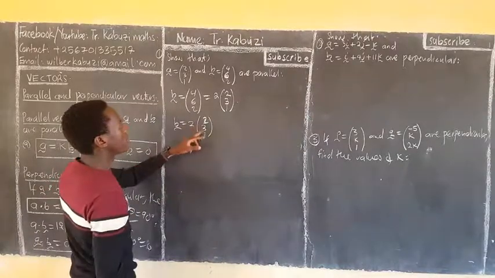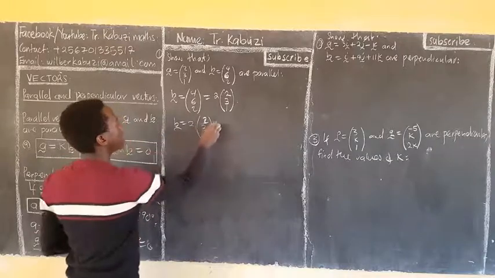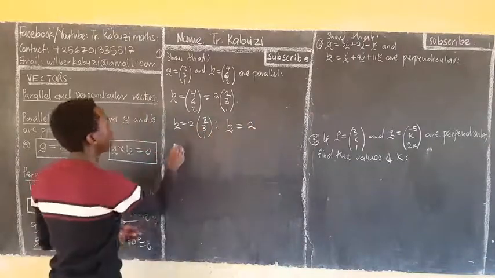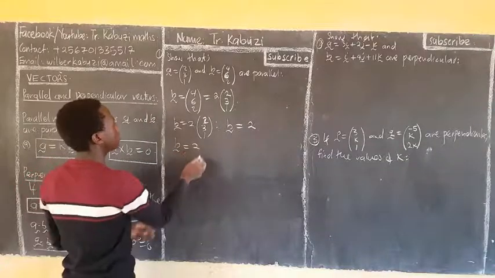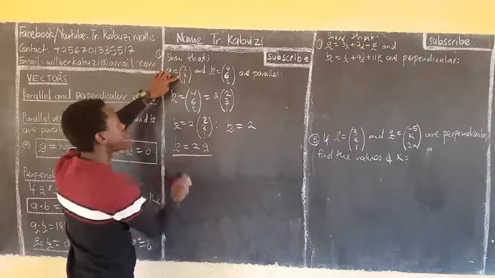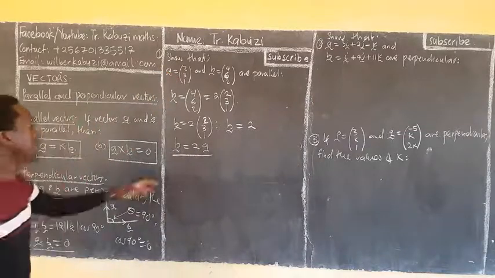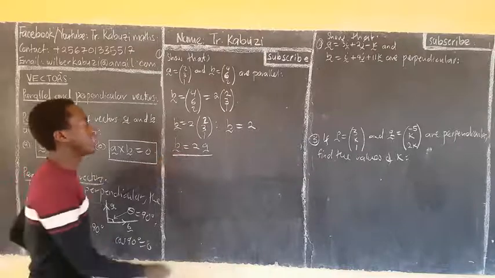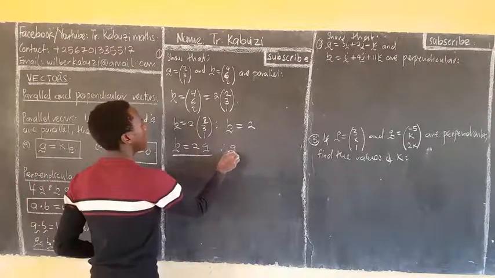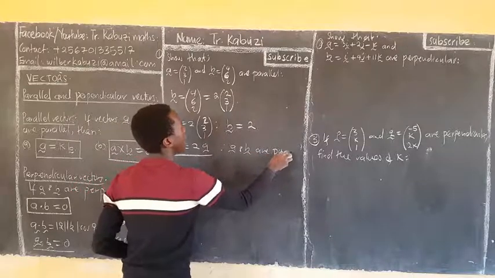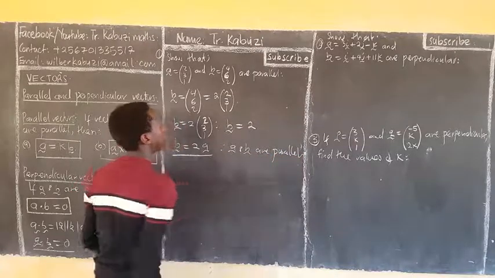But you see 2, 3, 1 is our A. So B is equal to 2 times the whole of this vector, which is A. So now, members, I can express B as a scalar multiple of A. Therefore, A and B are parallel. So that's how we show that two vectors are parallel.